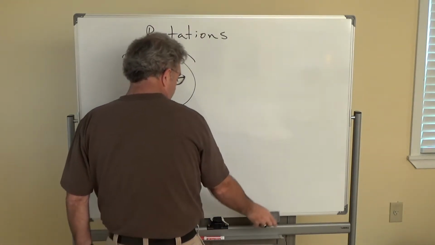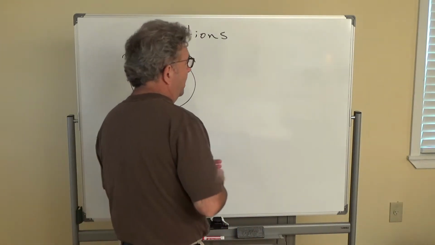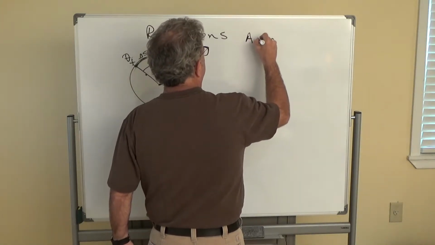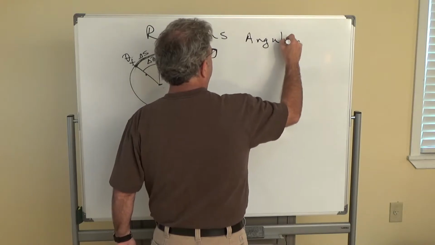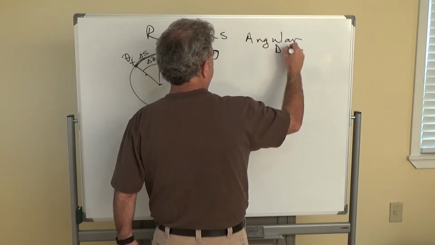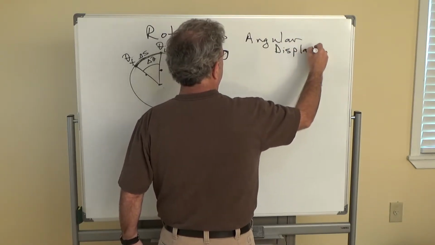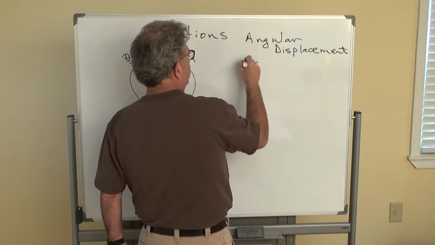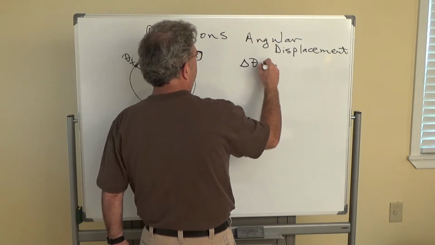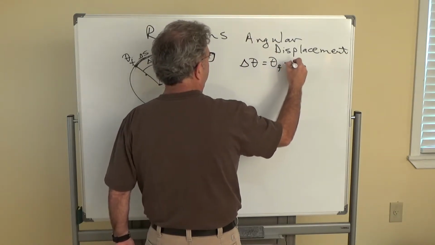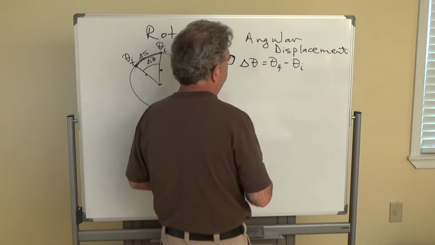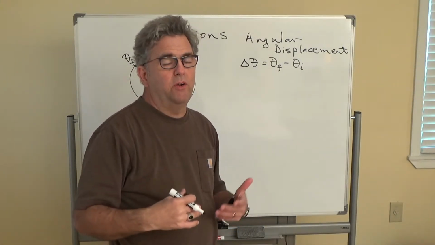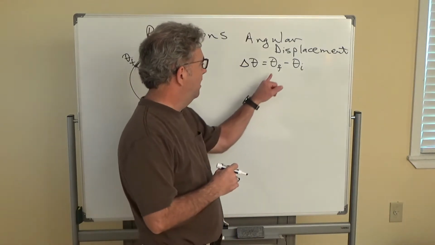So just like we did with 1D motion, where we had delta x and we called it the displacement, we have the angular displacement. Angular displacement is delta theta, and that's theta final minus theta initial. You replace, wherever you had an x, you replace it with theta.